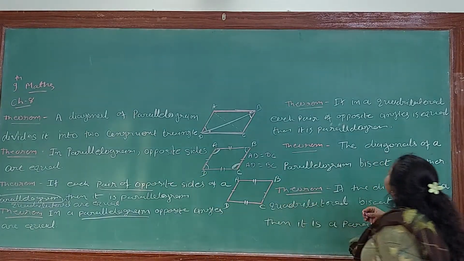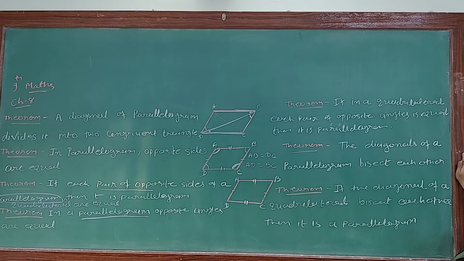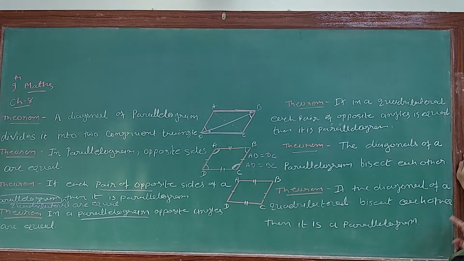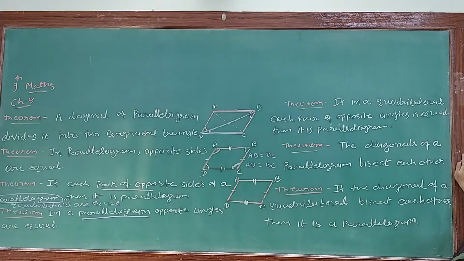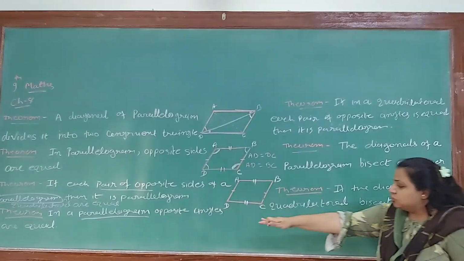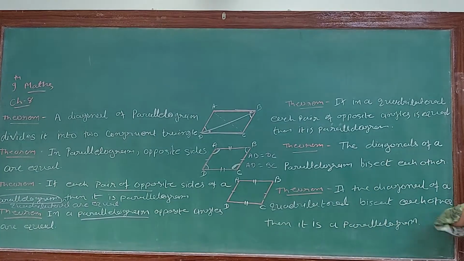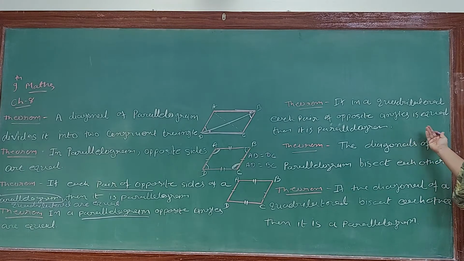Next theorem, if in a quadrilateral each pair of opposite angles is equal, then it is a parallelogram. So it is the vice versa theorem of this, right? Opposite angles are equal, that means it is a parallelogram.